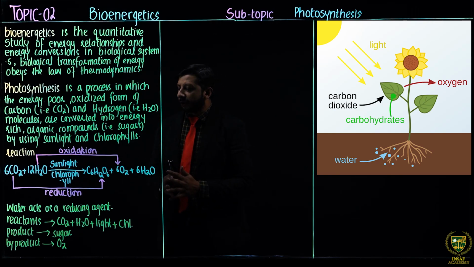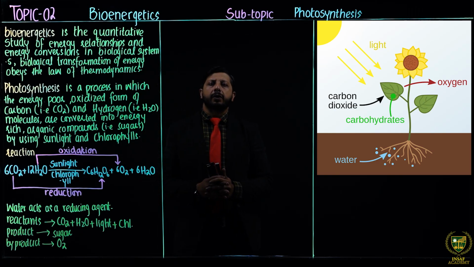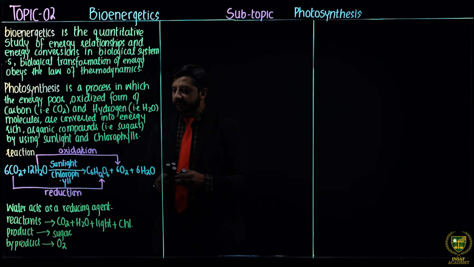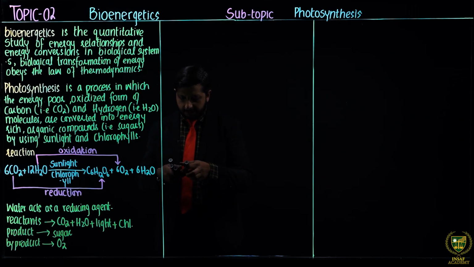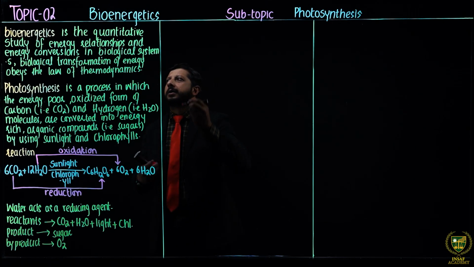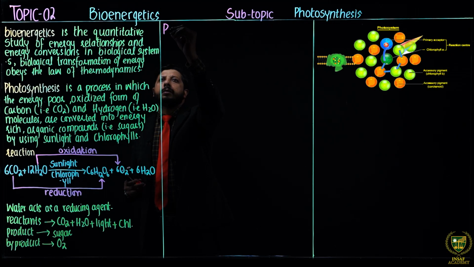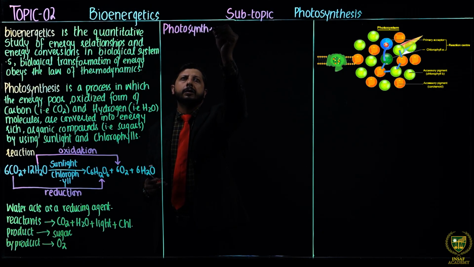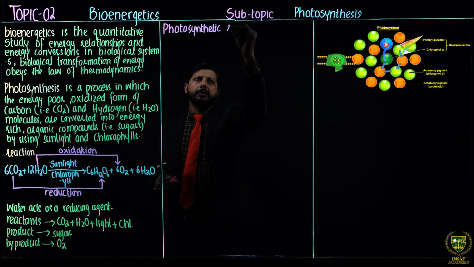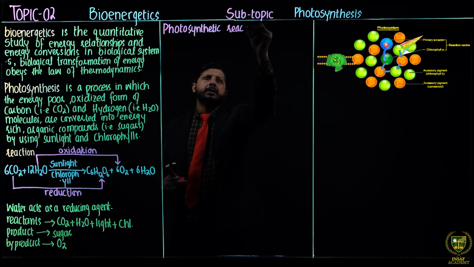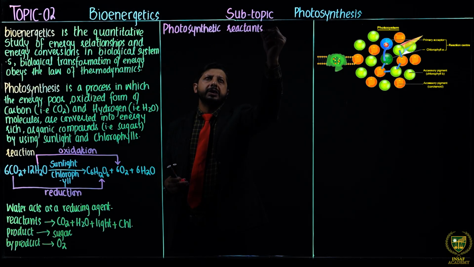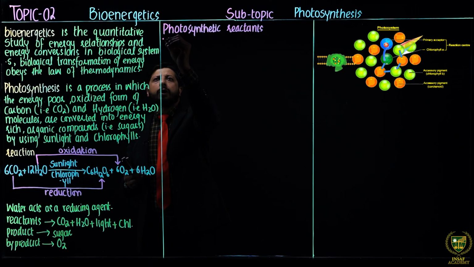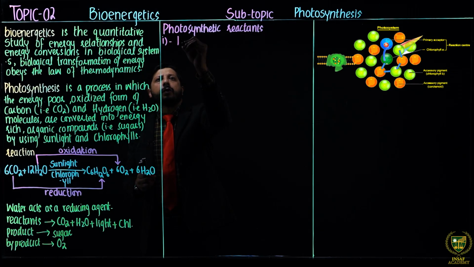So first of all, I'm going to start with the photosynthetic pigments. We started discussing the reactants first, the photosynthetic reactants, and among them first the photosynthetic pigments. Clear? The photosynthetic reactants are present on the left side of the equation, and the first one is the photosynthetic pigments.